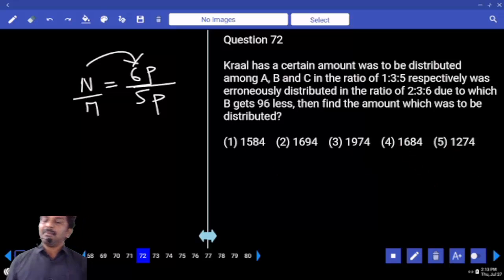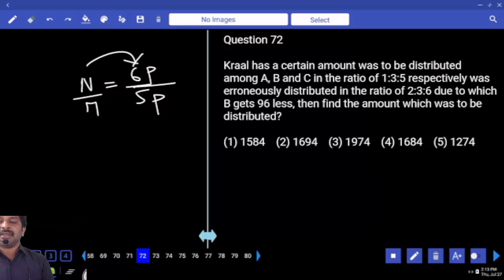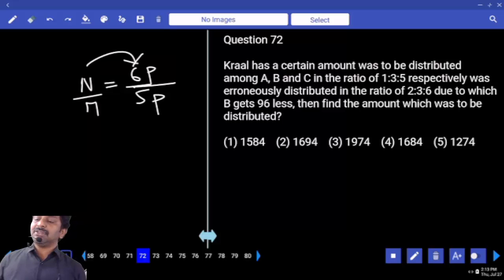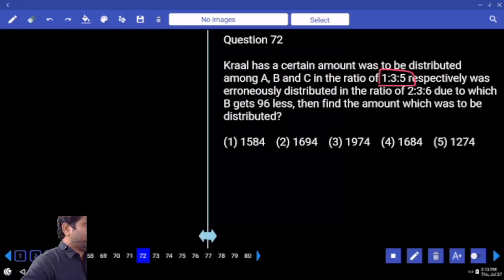A certain amount was to be distributed among A, B, C in the ratio 1:3:5 respectively, but was wrongly distributed in the ratio of 2:3:6, due to which B gets 96 less. Then find the amount which was to be distributed. Did you understand the question? He is supposed to distribute the amount in 1:3:5 ratio.